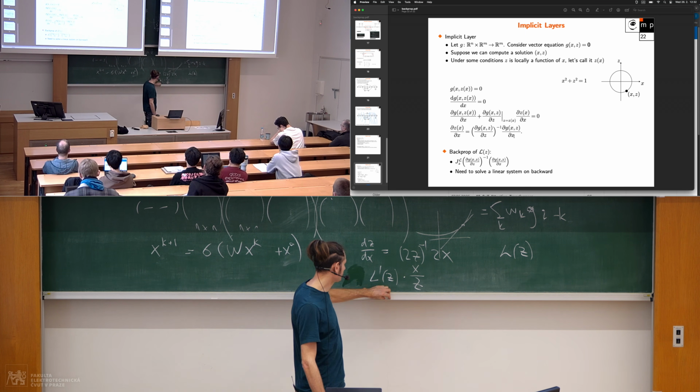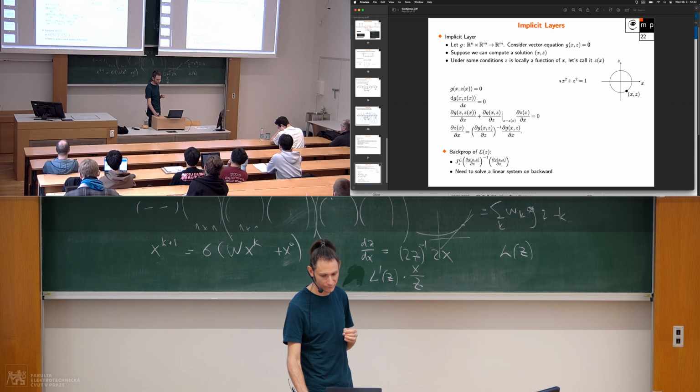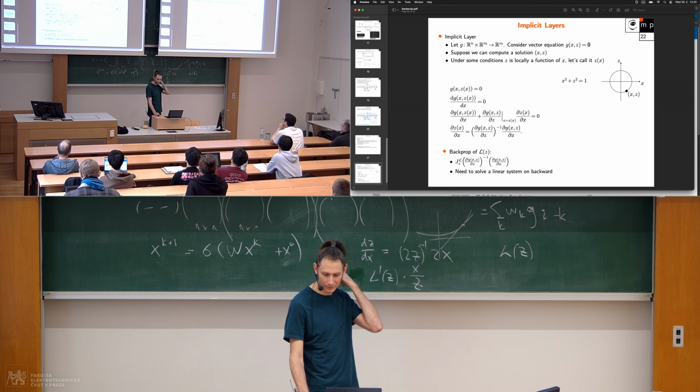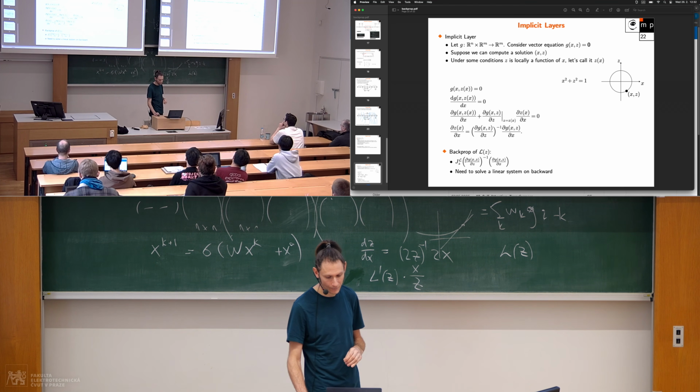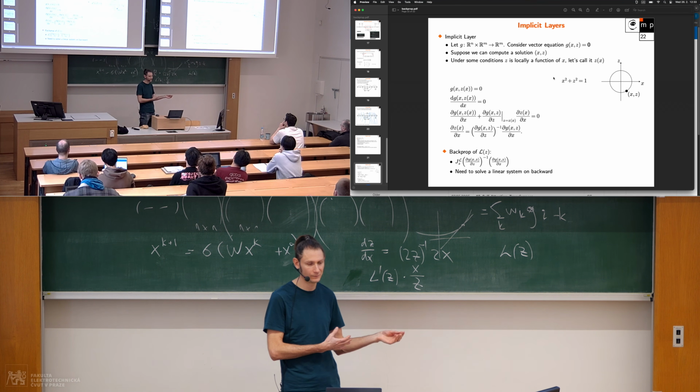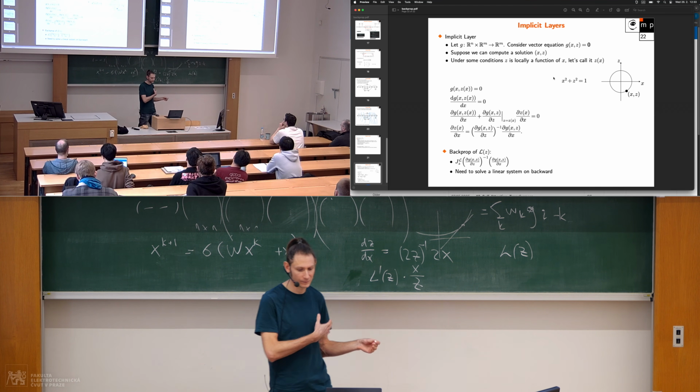The point is that to compute this, we only needed to differentiate these constraints in x and z, which is simple. And here we need to solve some linear system, maybe with this incoming gradient, which could be a bit more complex. But otherwise, what we have avoided is that if this solution was given by some complex algorithm, we don't need to backpropagate through this algorithm.